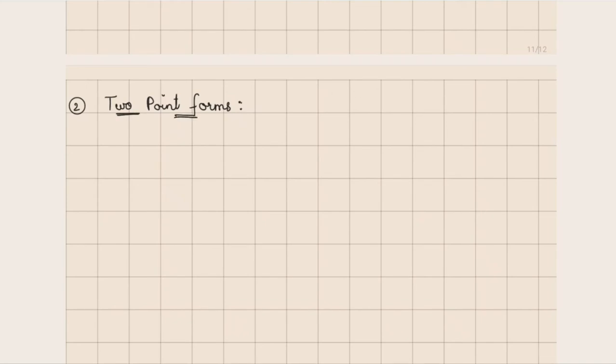The name itself says 2 points. So which means if we know any 2 points on the line, we can represent the equation of the line. Let's see how it looks. This all looks similar, just the conditions are different. Let's take this as the y-axis and this as the x-axis, and take a random line L.